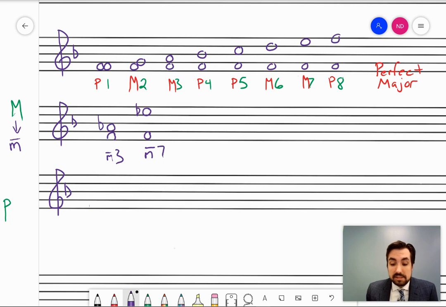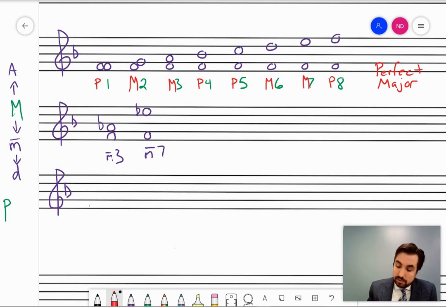But one complication we see typically at the AP level is that I can continue to mess with this by raising a major interval by a half step or lowering a minor interval by a half step. What happens then? If a major interval is raised by a half step, it becomes augmented. If a minor interval is lowered by a half step, it becomes diminished.